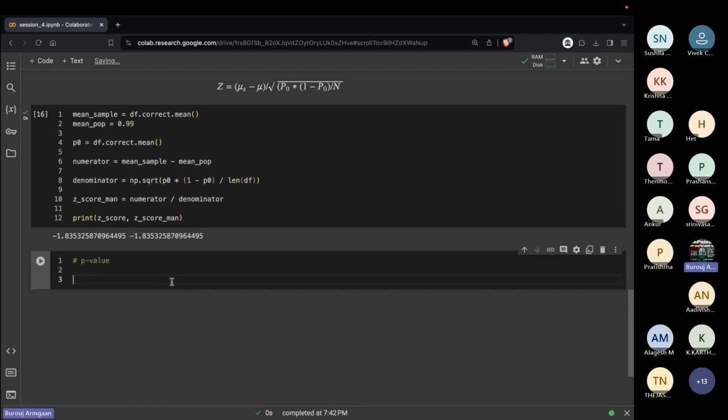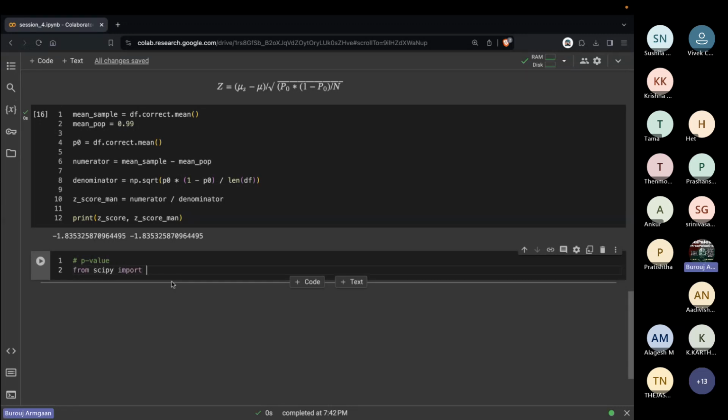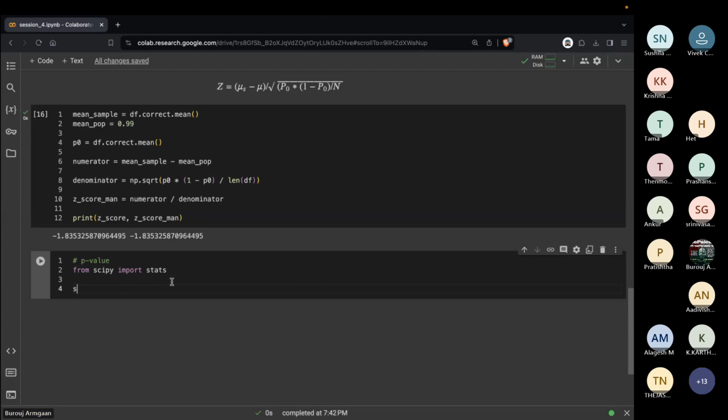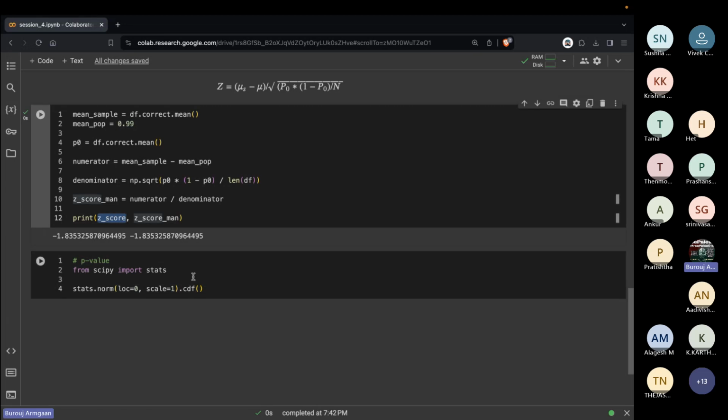So from scipy import stats. Then stats.norm with loc 0, because we're using z scores, we can use the standard distribution. From this, we just need the area under the graph up to our z score.